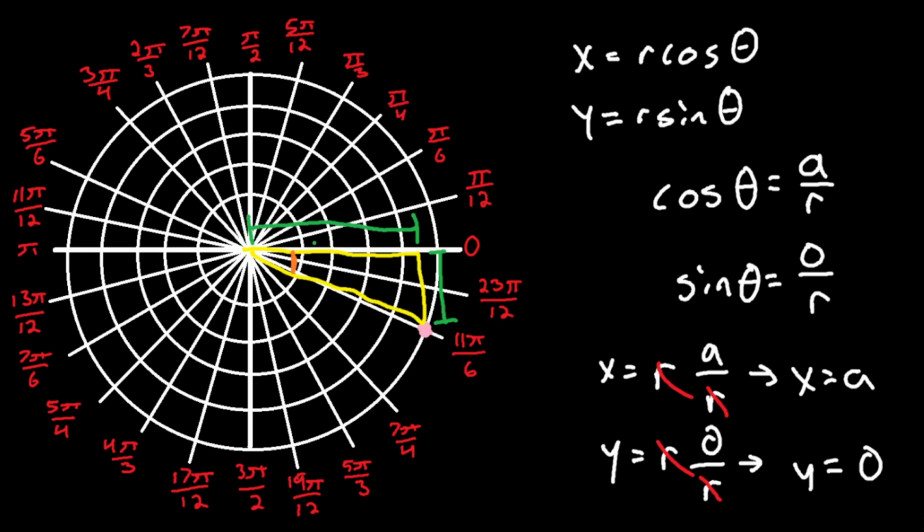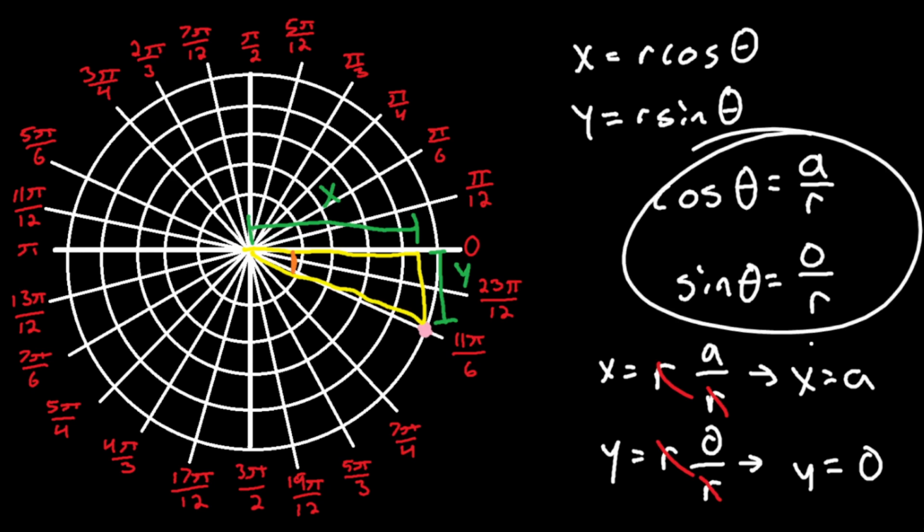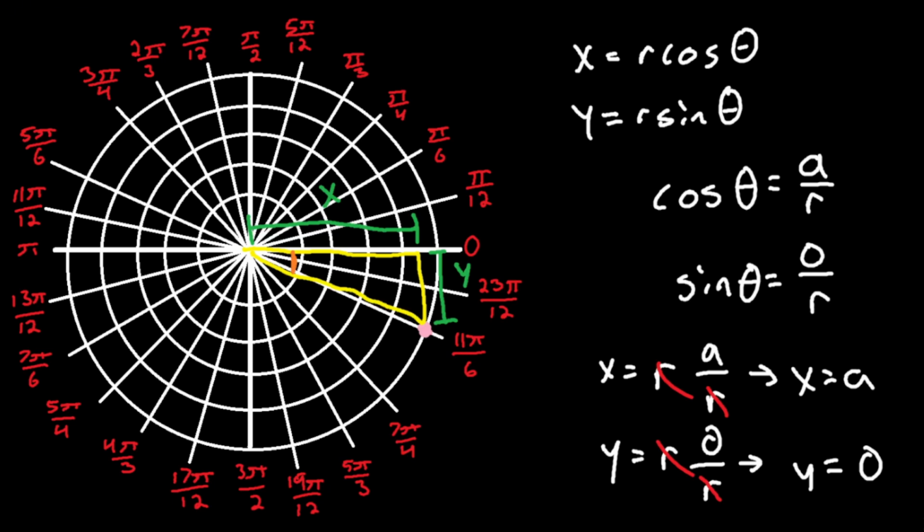Well, the adjacent of this triangle is your x value, and the opposite value of this triangle is the y value in order to plot your point, right? So, yes, x is equal to the adjacent of the triangle, and y is equal to the opposite of the triangle. So these formulas right here can simply be derived from using this guy right over here. Very easy, very simple.